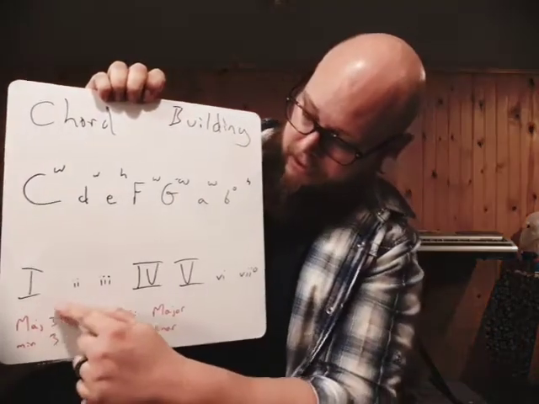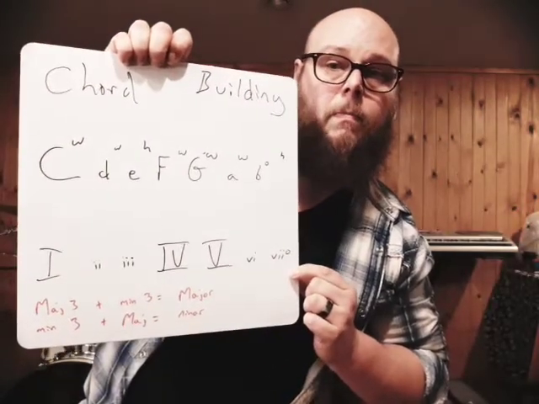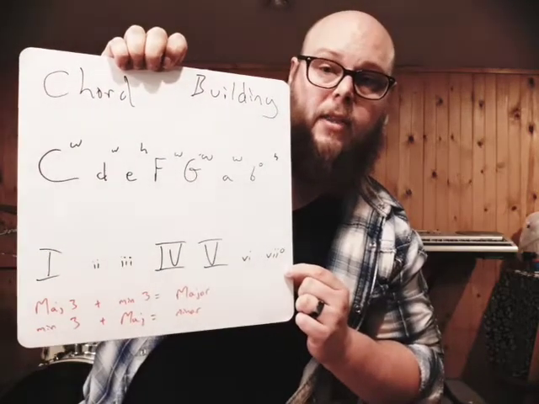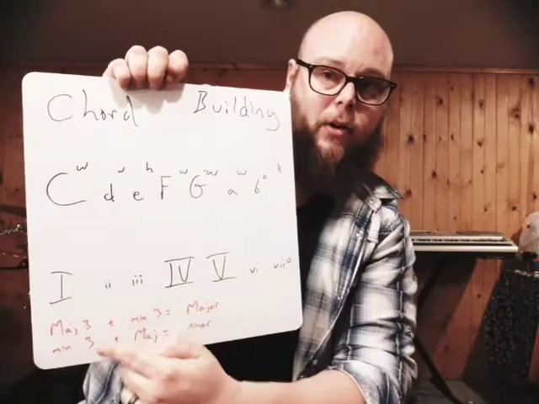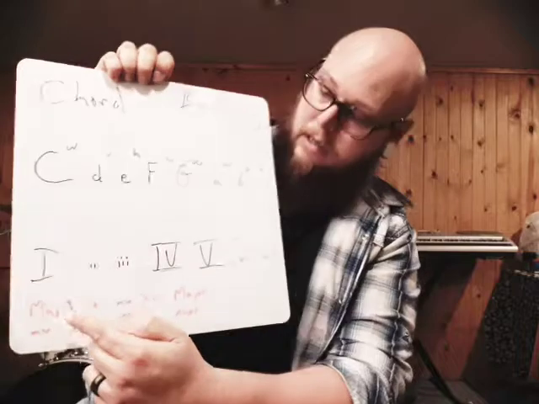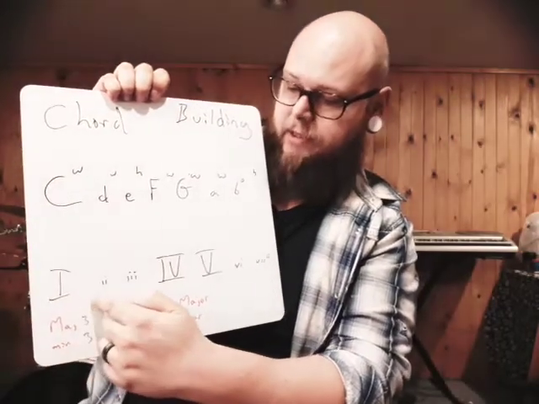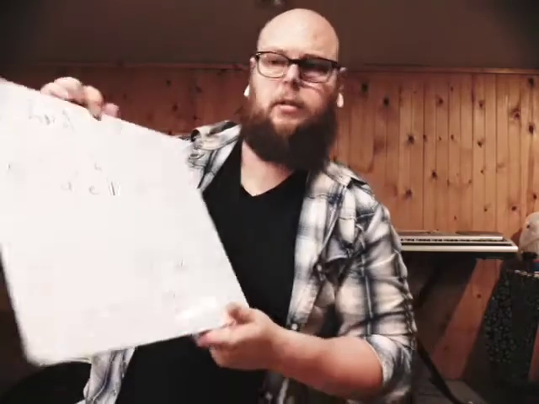So if you start to learn this way, as you become a better performer or perform more often, you have to think less because this is already outlined for you, because you've learned that 1 is major in a major key, 2 is minor in a major key, and so on and so forth. If you learn it that way, you'll always know where to go according to the root.